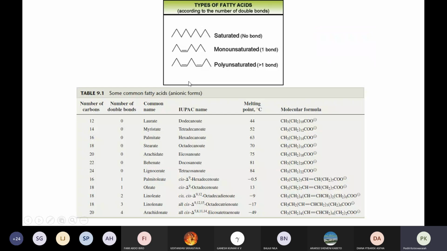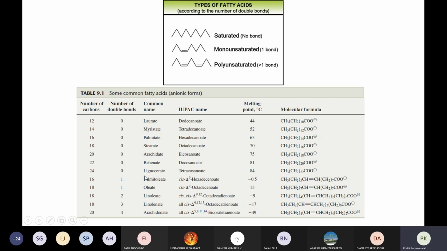So these are some of the saturated and unsaturated fatty acids. You can see here the carbon 12, 14, 16, 18, 20, 22, and 24 containing ones: lauric acid, myristic acid, palmitic acid, stearic acid, arachidic acid, behenic acid, and lignoceric acid.